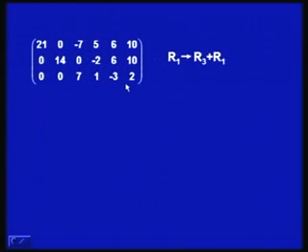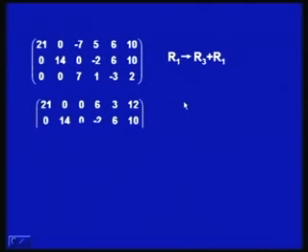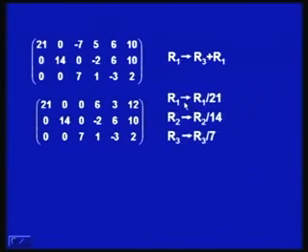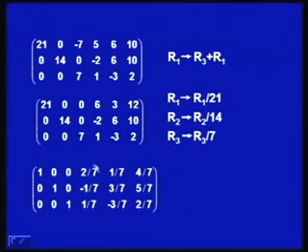And finally R3 plus R1, so this term will also become 0. And then these diagonals have to be made 1, so R1 is R1 by 21, R2 is R2 by 14, R3 is R3 by 7, and what we have is an identity matrix here.